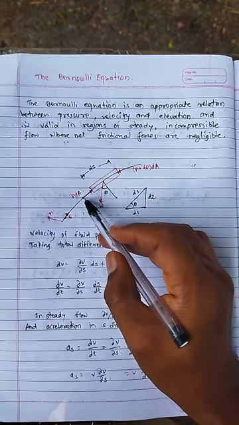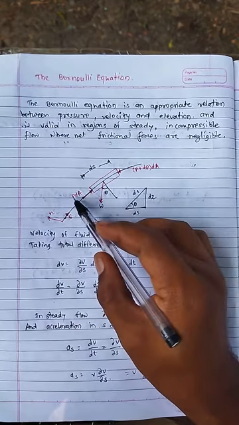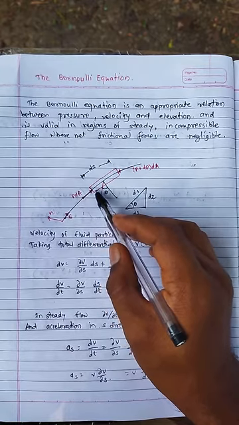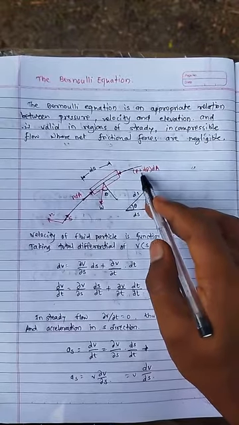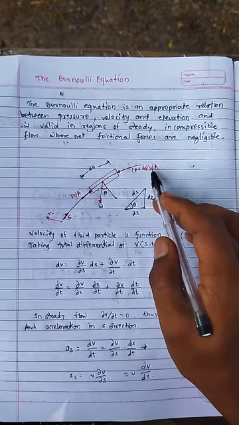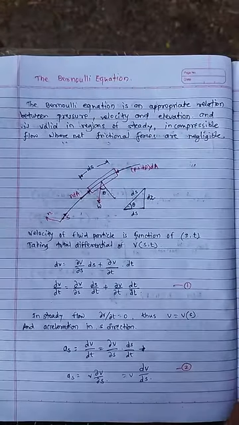On the first side of the fluid element, pressure multiplied with differential area dA is the force acting in the s direction, and on the other side P plus dP, multiplied with dA, is the force.